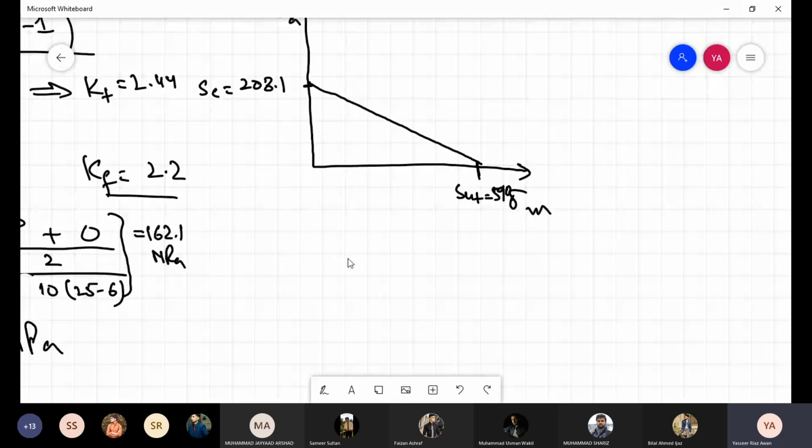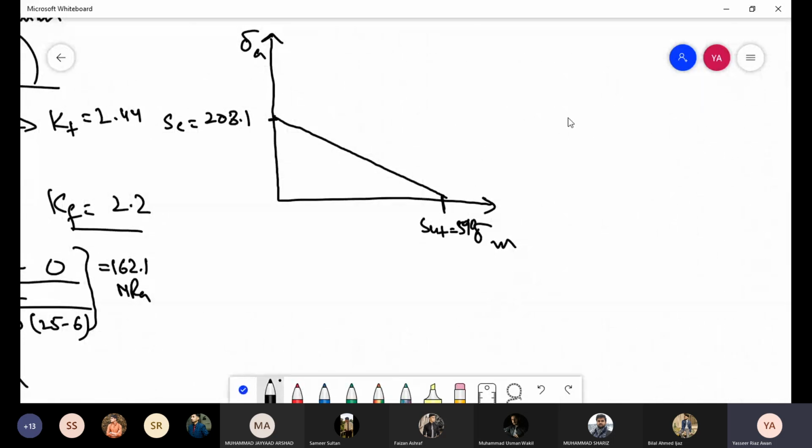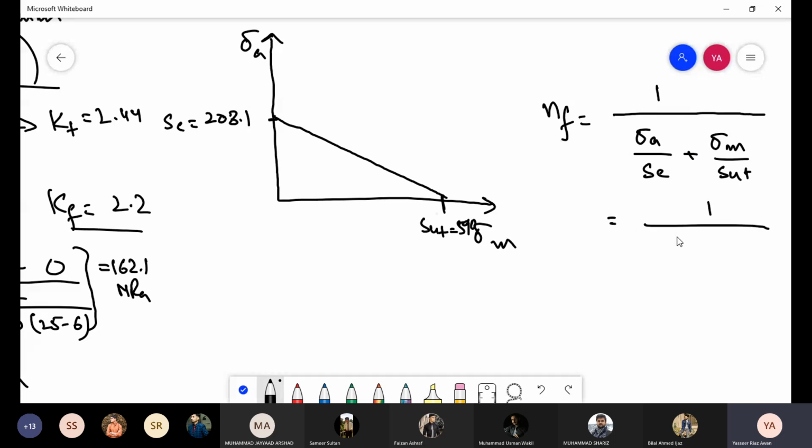We use the modified Goodman equation for design, and that is 1 over sigma a over Se plus sigma m over Sut. So 1 over 162.1 divided by 208.6 plus 162.1 over 590.